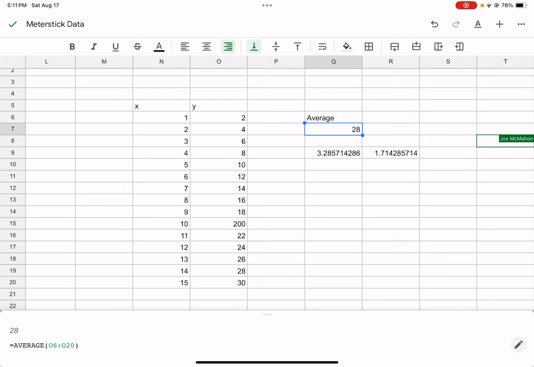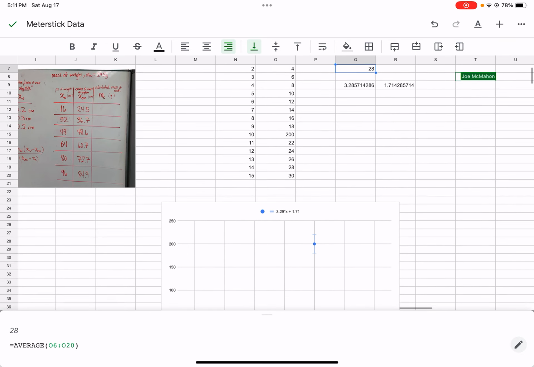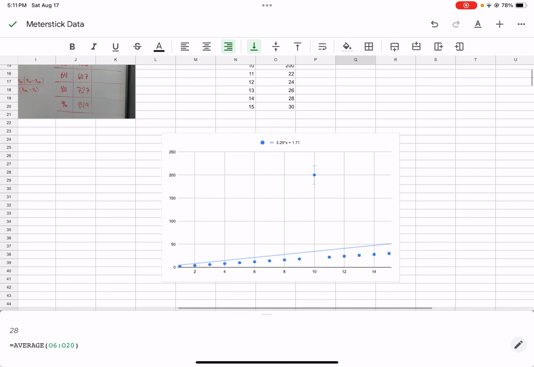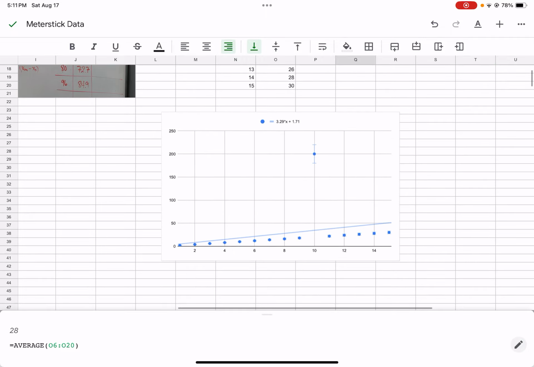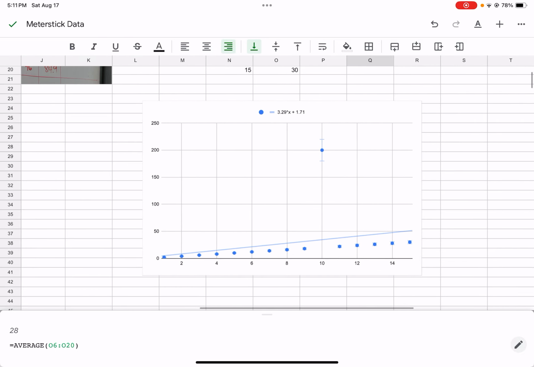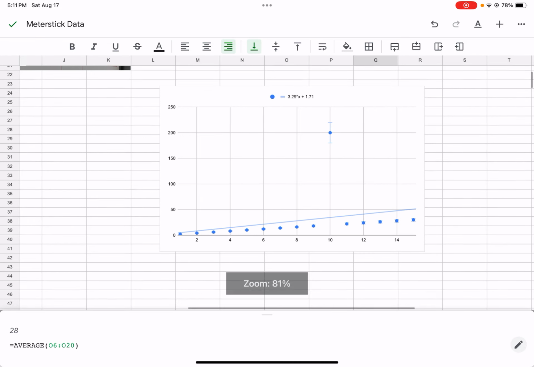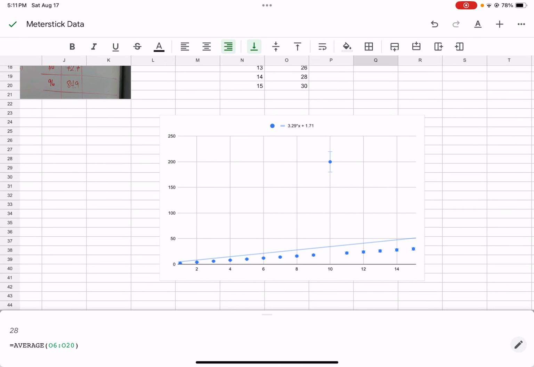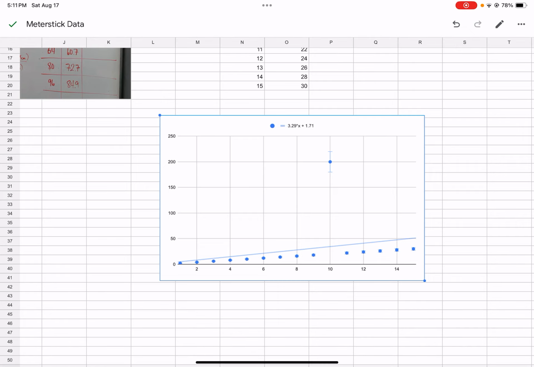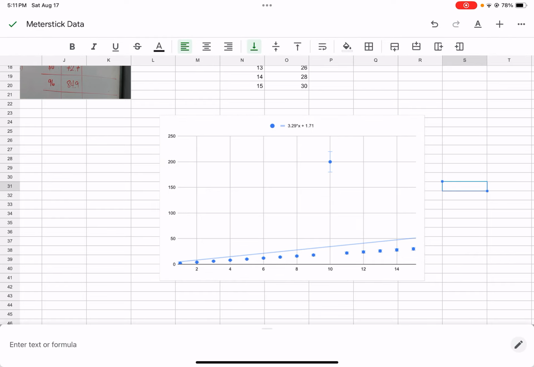So what we want to do in physics is look for something that's not as affected by outliers. Namely, that's the trend line or the linear regression line or the least squares regression line, right? So what I did here is I created a chart, a scatter plot of the above data. You can see all the correct, quote-unquote, data points are clearly in a linear relationship, and then we have this high data point at 200. And we know what the slope of the line should be if we were to throw out the outlier.